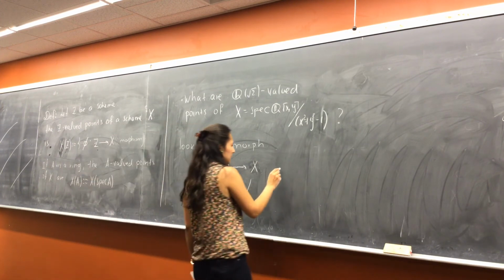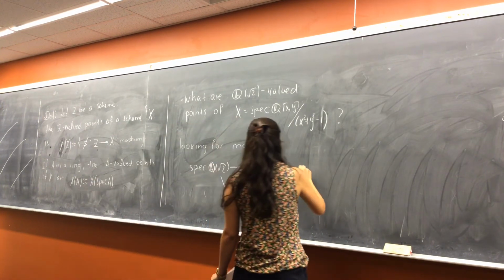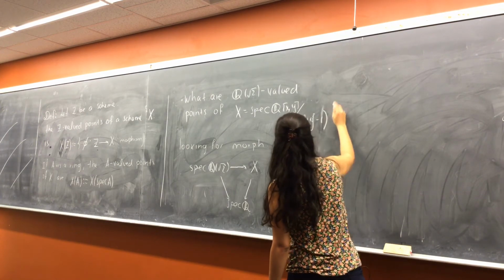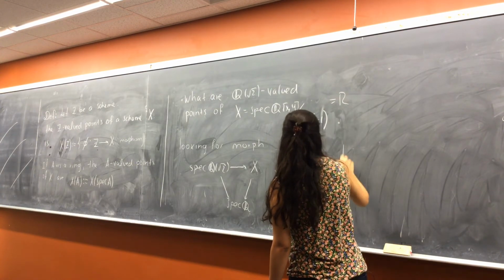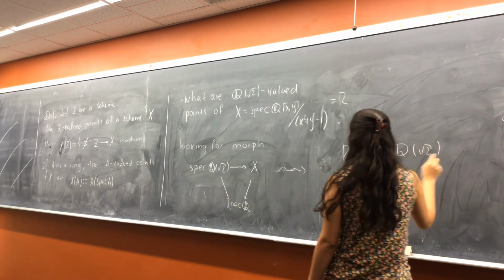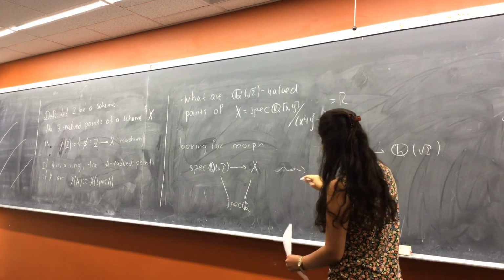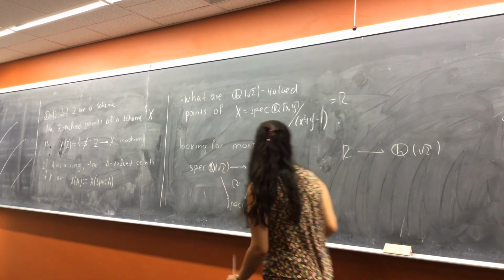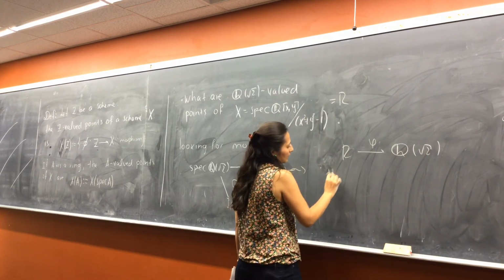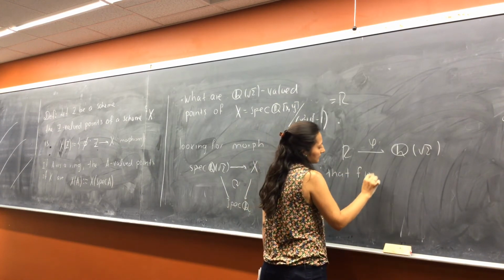So we analyze the maps from, I'll just call this R, from R to Q root 2, and we want commutativity, meaning that we want morphisms that fix Q.